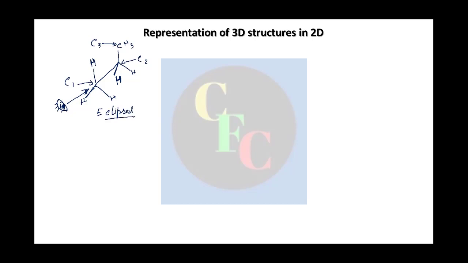So we can write it as the eclipsed form. Now if you rotate it by 60 degrees, keeping C1 fixed, you will end up with something like this. The front carbon will not change, of course, but the second carbon will be like this.